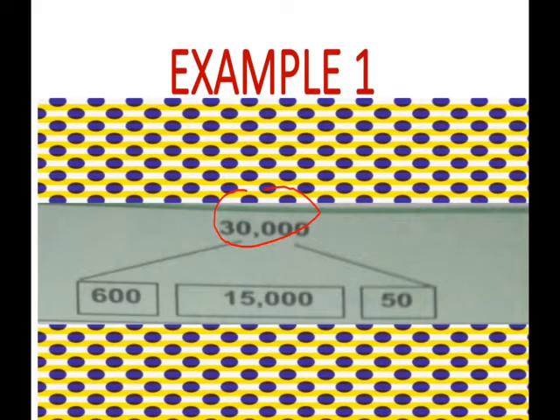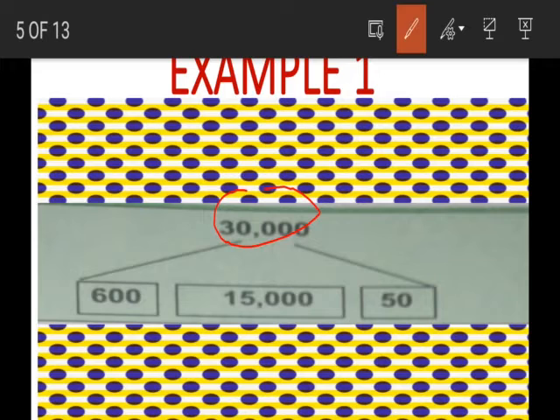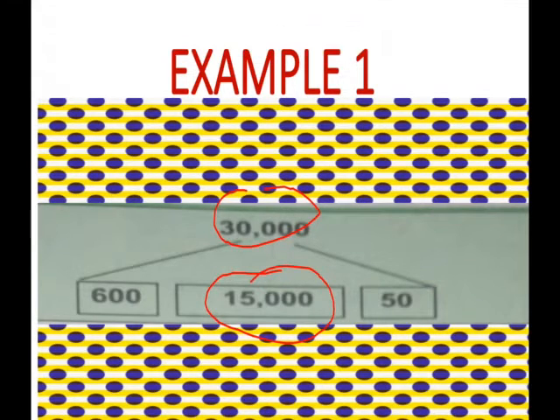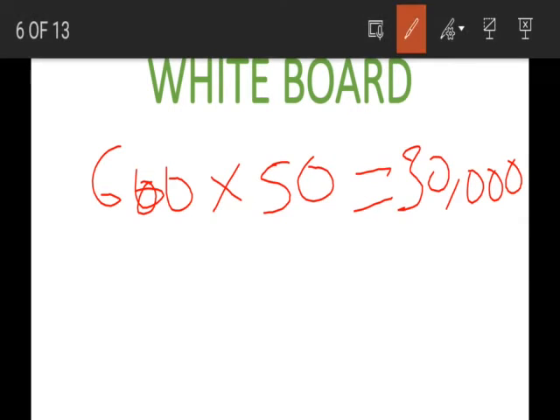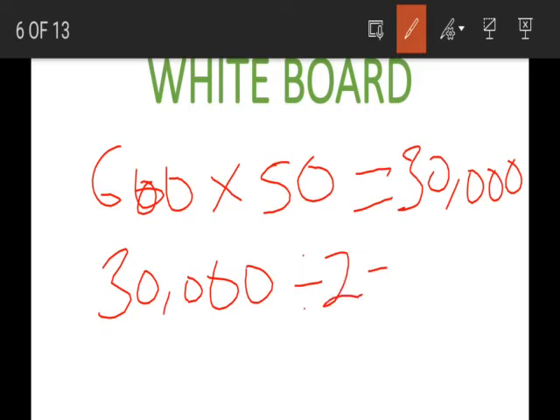So to get your 15,000, what you simply do is 30,000 divided by 2 will give you your 15,000.